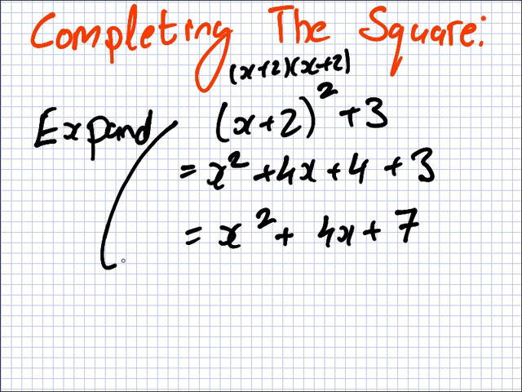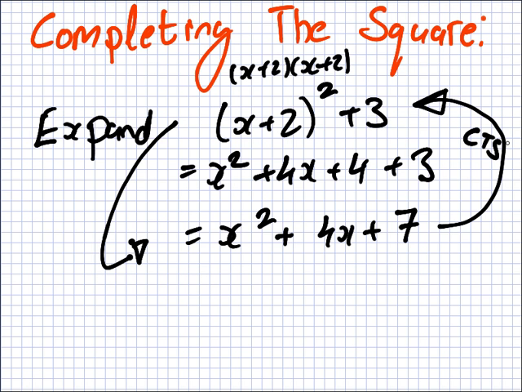So going this way is expanding, but going backwards is called completing the square, or CTS for short. So what we would like to learn in this class is how to complete the square and what it's useful for. Okay, so we'll have a look at how to do that now.